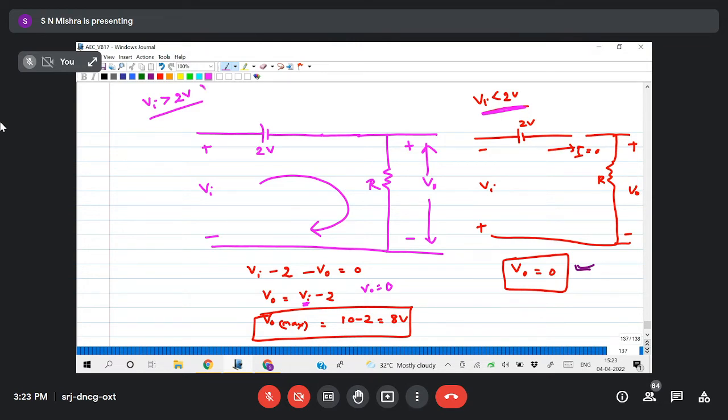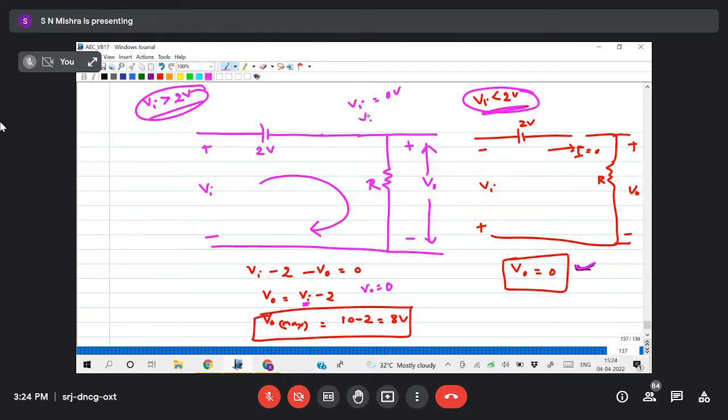Which condition will it follow? If Vi is 0 volt, what is your output? Less than 2 volt. So what should be the output voltage? 0.